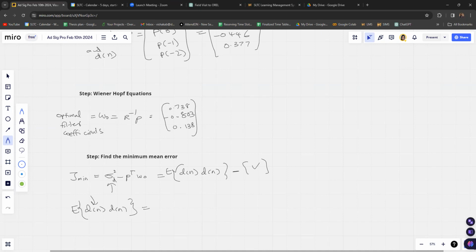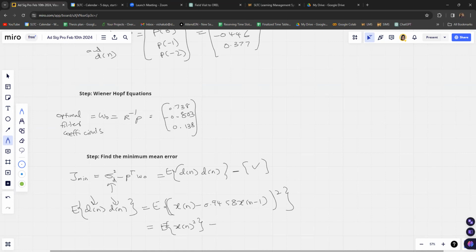We have to substitute dn with the xn values. So we know that dn is denoted using this, xn minus 0.9458 xn minus 1. So this one you can take again, and you can take the product of this, and then expectation of different individual components will give us what we require here.